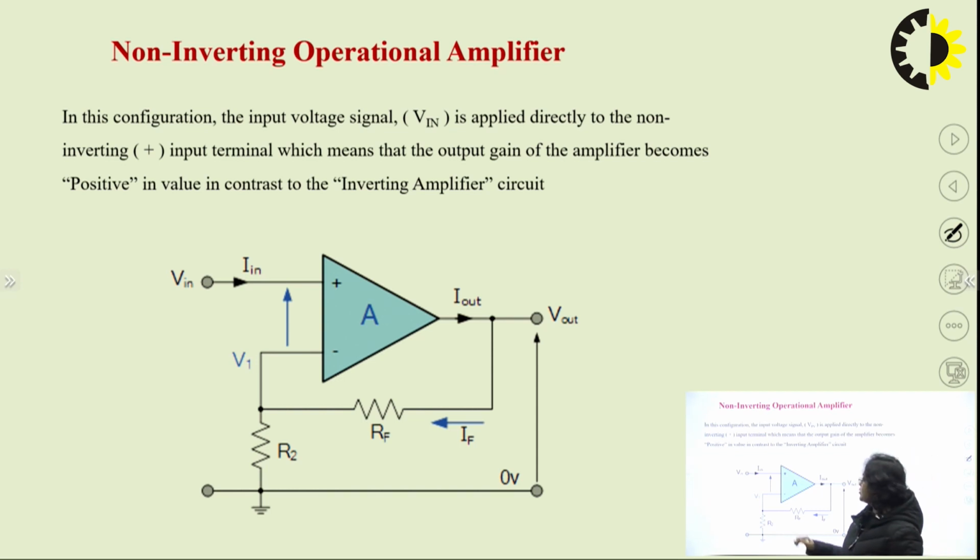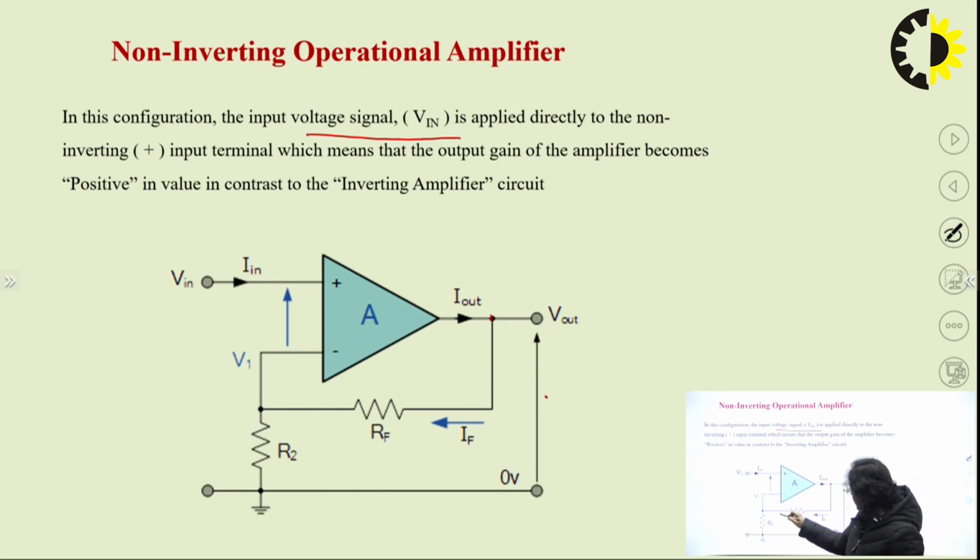That is, if the input is applied at the inverting terminal, it is inverting configuration, and if the input is applied at the non-inverting terminal, then it is non-inverting configuration. In this example, the input voltage is applied directly to the positive terminal, but remember, feedback is always negative. So, the output feedback is connected to the negative terminal, the inverting one, and then through R2 to ground.